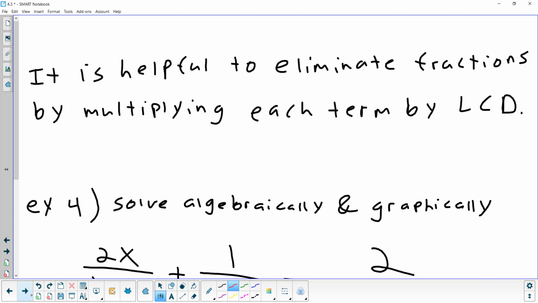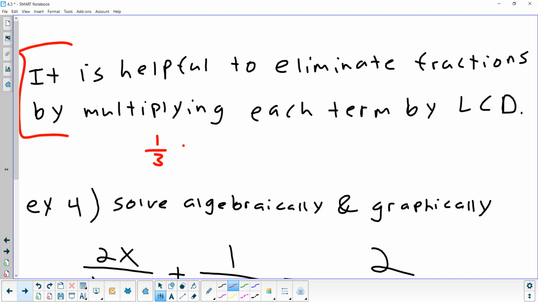All right. So let's look at this one. And this is the strategy we're going to use. We are going to try to multiply by something that would cancel out all of our fractions. Let me show you an example that's much simpler, and then we'll apply it to this one, which is a little more complicated.